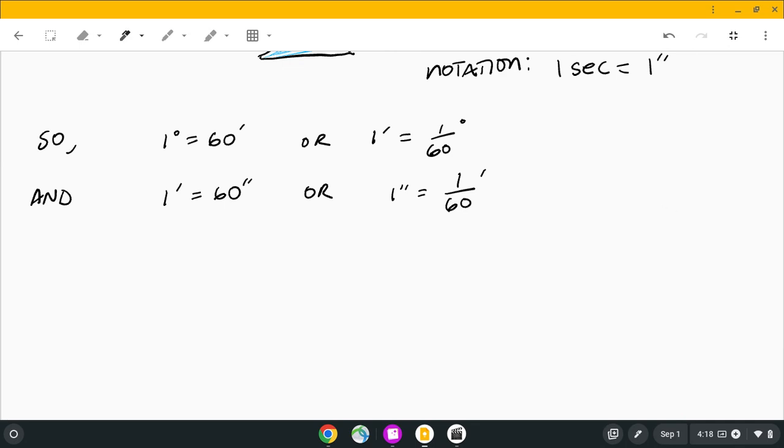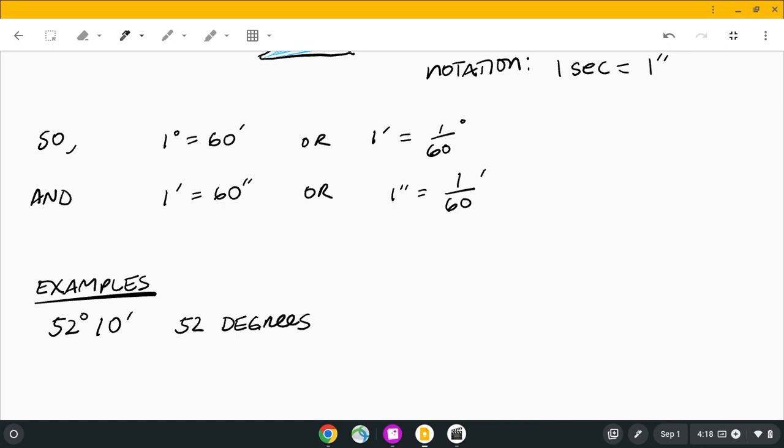Okay, so let's take a look at some examples here. If we have this 52 degrees, with this notation, then we read this as 52 degrees.